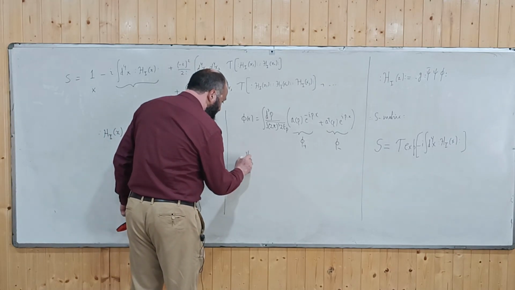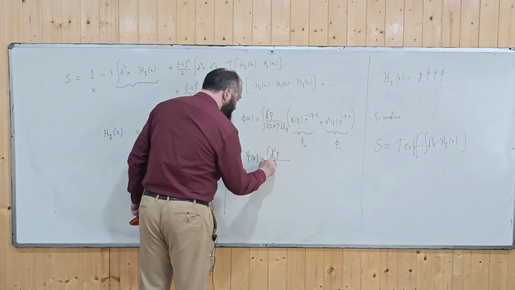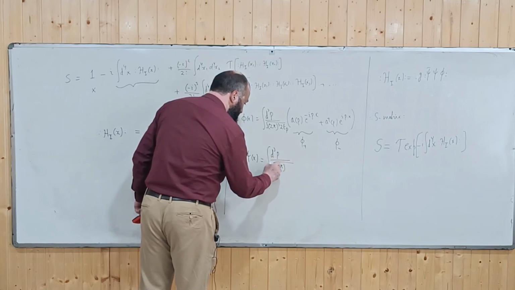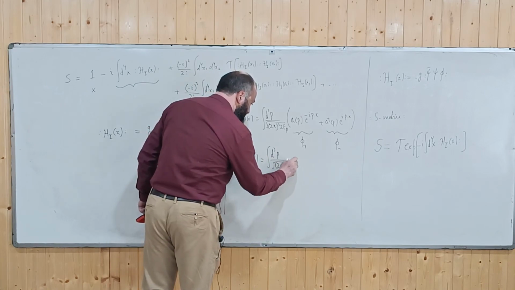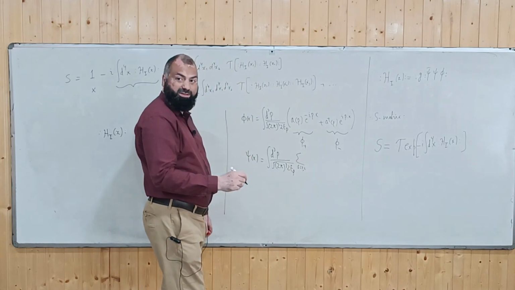And similarly, you are having this psi of x, if you remember, it is something d3p divided by root of 2 pi cube. Just for you people, I am writing it. So s means sum over spins.